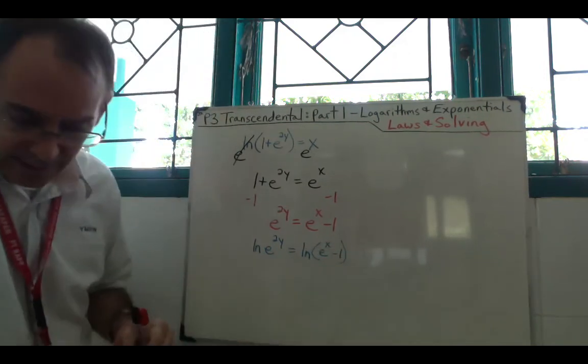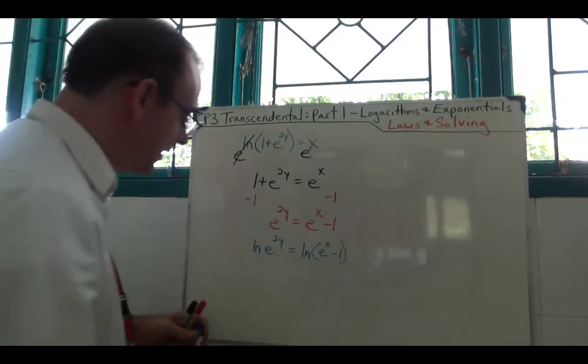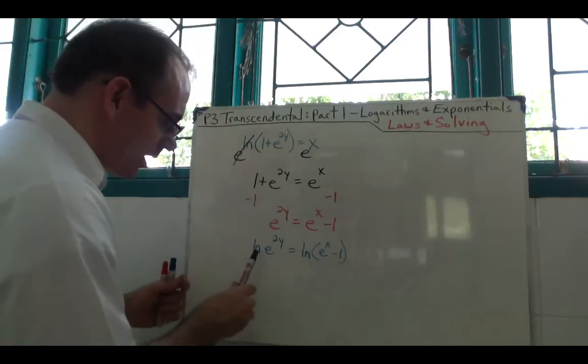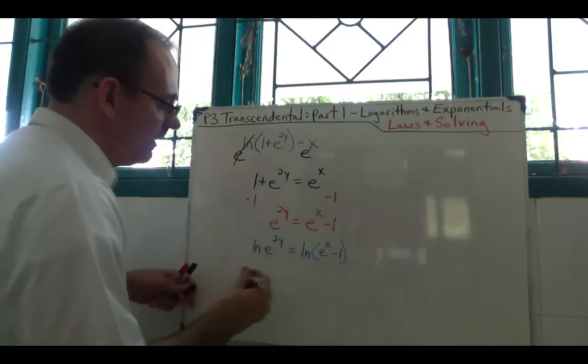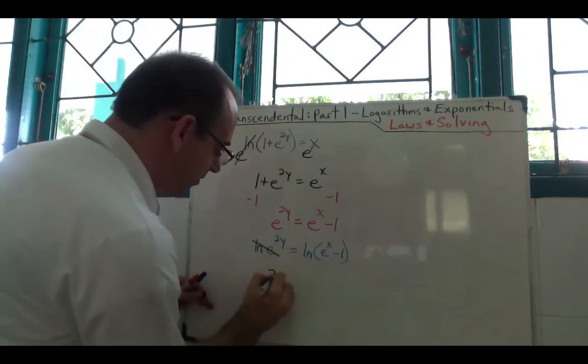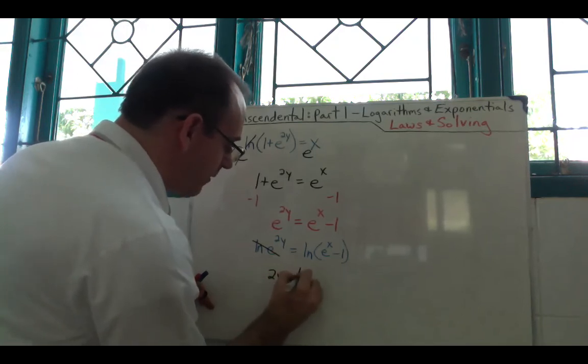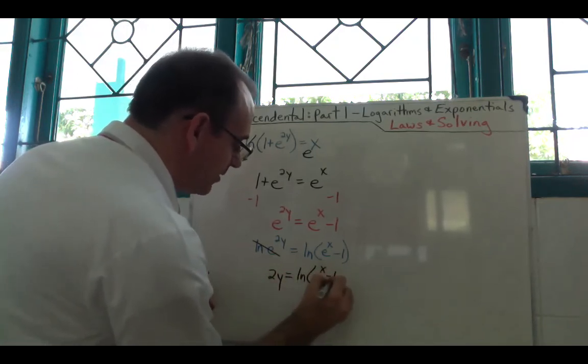So we ln both sides. And on this side, our ln base e and the exponential base e cancel. So that gives us 2y equals ln of e to the x minus 1.